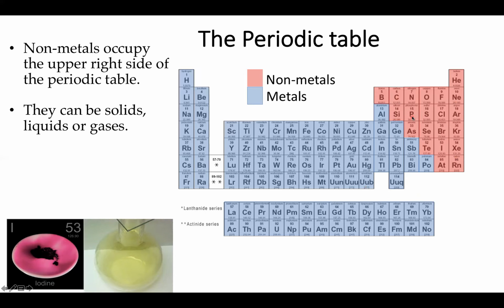They can be liquids like bromine, or they can be gases like fluorine, chlorine, good old mustard gas, and iodine, which can range from a solid at essentially room temperature up to essentially below the boiling point of water, where it goes to a gas. And you'll often find it in both solid and gaseous form at room temp.